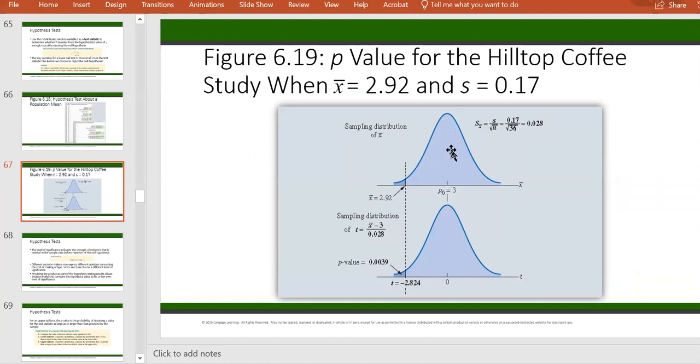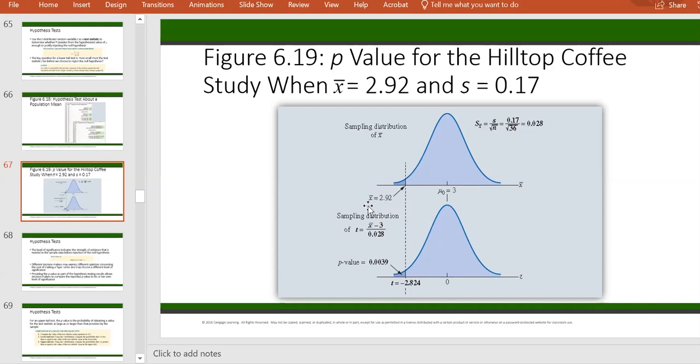This is assuming the null hypothesis is true, assuming that it has a normal distribution, of course, if the sample size is large enough. If the null hypothesis is true, the mean of this population should be at 3.